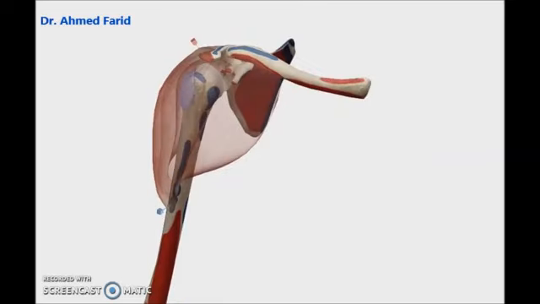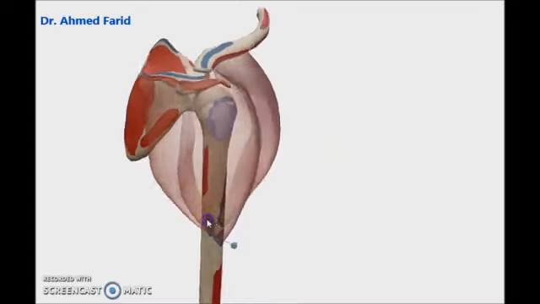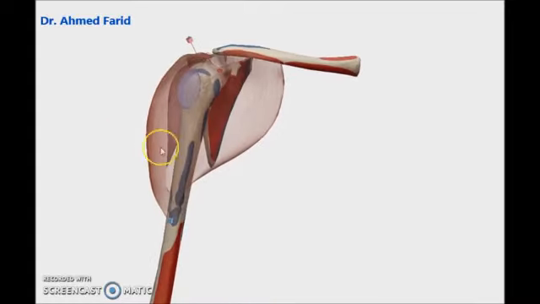The anterior fibers will perform flexion of the shoulder joint. The posterior fibers will perform extension of the shoulder joint, while the whole muscle or the middle fibers will perform abduction of the shoulder joint.